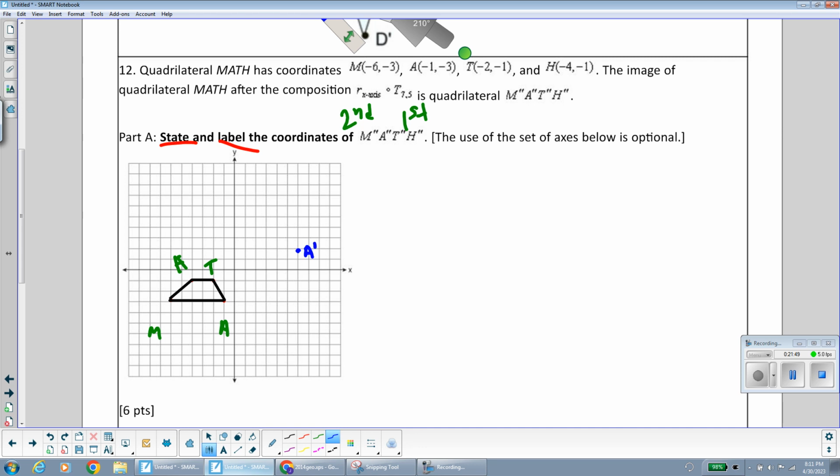This is M prime. This is T prime. And this is H prime. So now already I got the translation done. Let me just connect this all together.